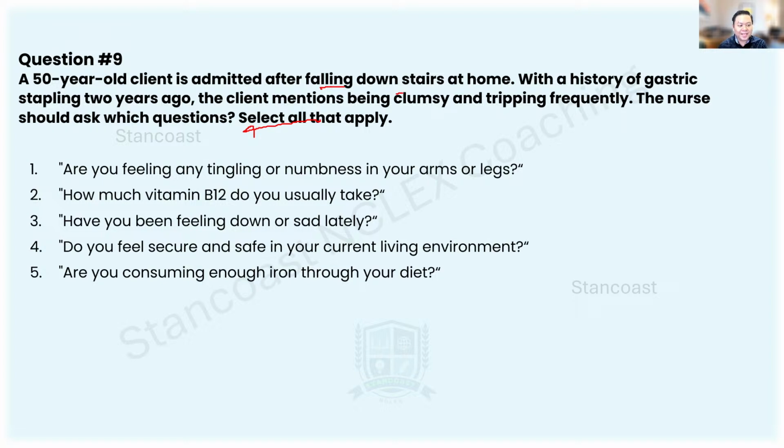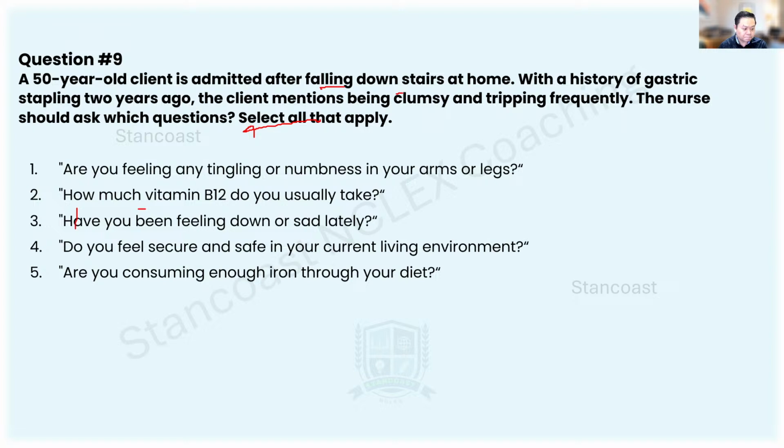And also, like I've said, the deficiency can lead to some cognitive disorders. So it can also lead to some kind of depression. So we need to ask our patient about depression if they have this. And we'll ask them about the dose to find out if they are really taking the recommended dosing schedule, or maybe they are skipping the daily doses.